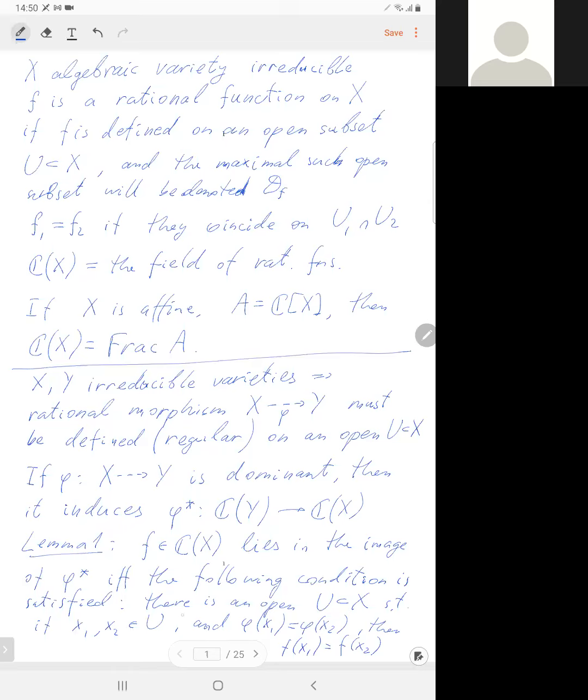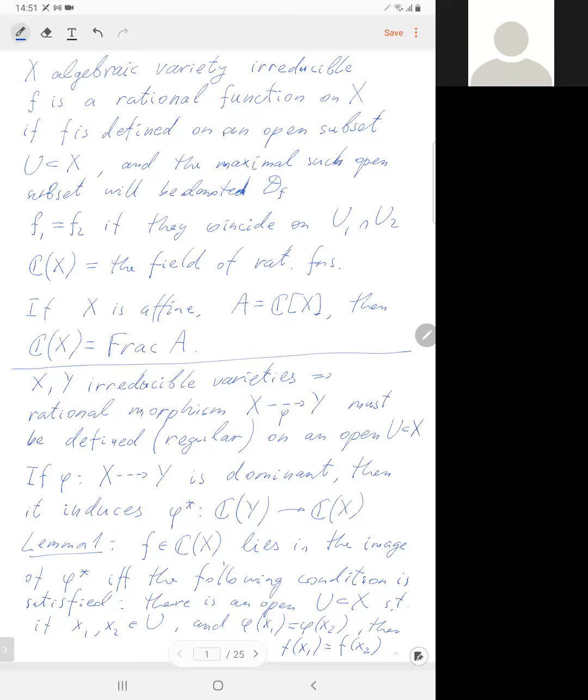In one direction the lemma is evident, but in another direction it is not evident at all, but proved, say, in Shafarevich by induction in the transcendence degree of the field of rational functions on X over the field of rational functions on Y. And even to begin with, if this degree is 0, so the field of functions on X is an algebraic finite extension of the field of functions on Y, then it's still not very evident.